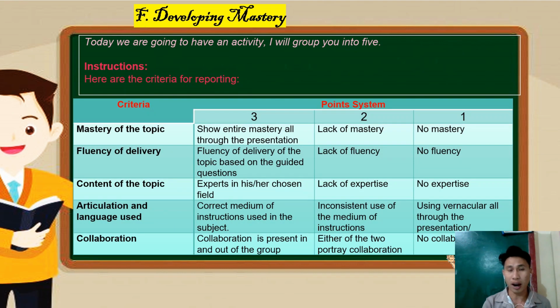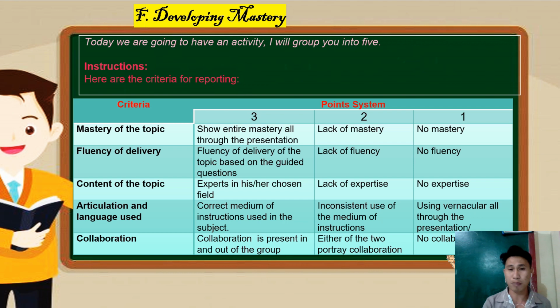The criteria are mastery of the topic, fluency of delivery, content of the topic, articulation in language use, and collaboration. The point system is 3 as the highest and 1 as the lowest.